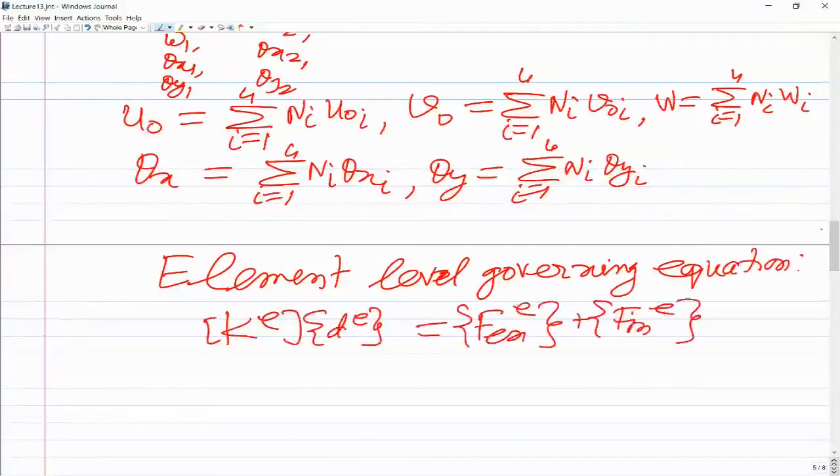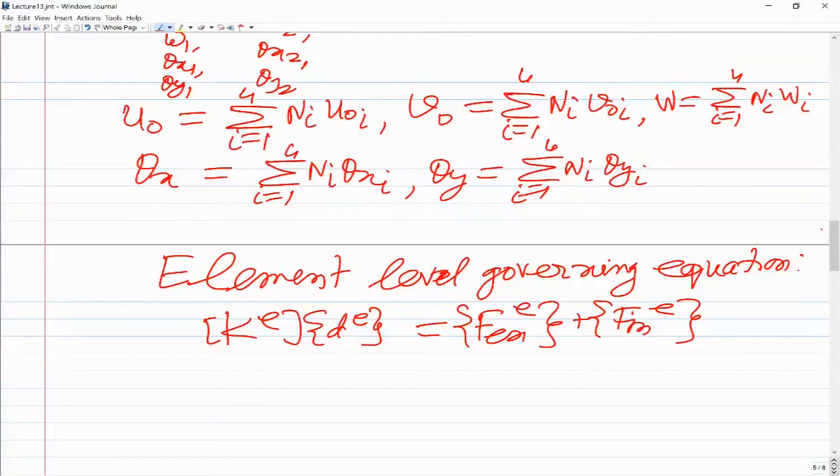And the k will involve contribution from interpolation of epsilon m, interpolation of kappa, and interpolation of gamma. So it will involve contribution from all three.